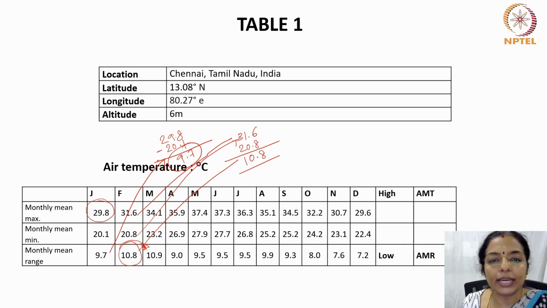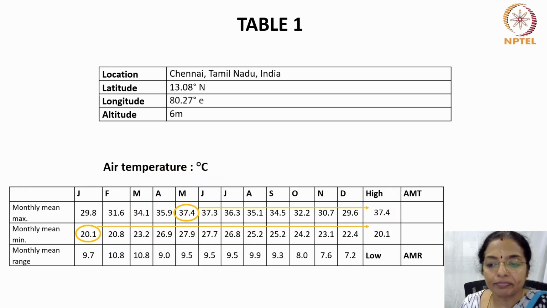So eventually, what will happen? You will get a range of figures, and the highest of this, which is 37.4, the highest monthly mean maximum must be entered here, and the lowest monthly mean minimum must be entered here. So this is how it will look. And after entering this, we have to calculate the AMT and AMR.